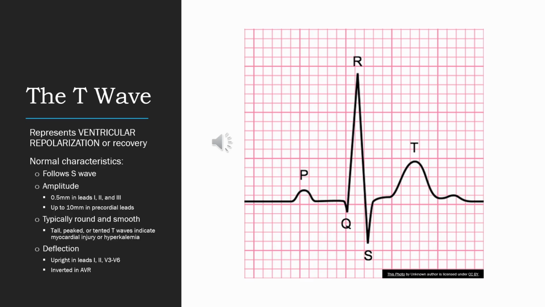A U wave, if present after the T wave, can be a sign of hypokalemia or another electrolyte imbalance as well. So since the T wave reflects the heart's recovery phase, any abnormality should be carefully evaluated, especially in patients who have heart disease, any electrolyte imbalances, or those who are taking medications that might affect cardiac conduction.